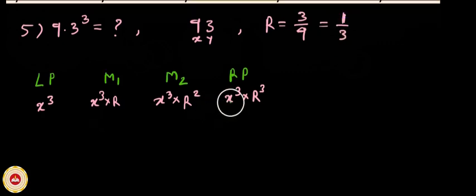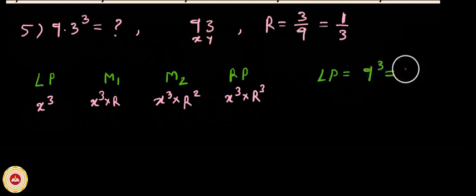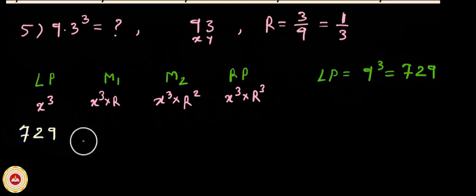Let us calculate the left part. What is the left part? Left part is x cubed, 9 cubed, which is equal to, what is 9 cubed? 729. So write 729 in the left part. What is middle part 1?